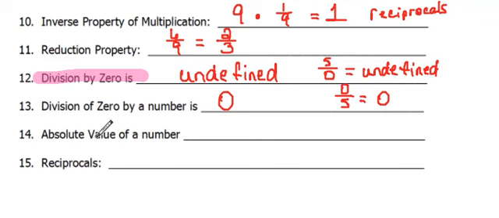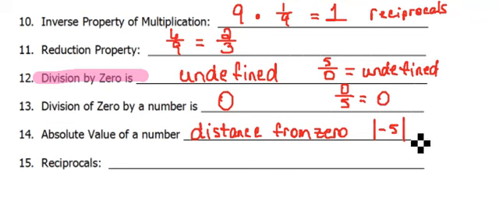Alright, our next one is absolute value. Now, absolute value of a number literally means the distance from 0. So imagine that you're looking at a number line. And let's have an example here of the absolute value of -5. How many places away from 0 is -5?